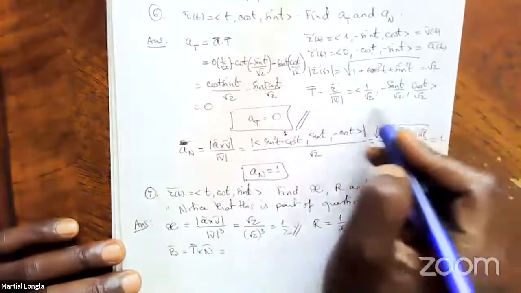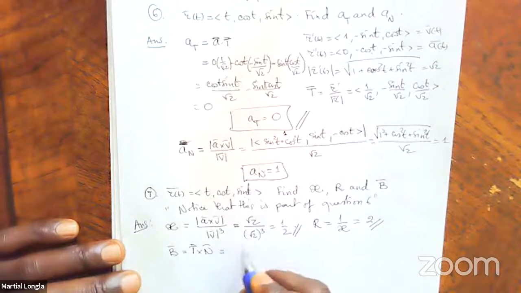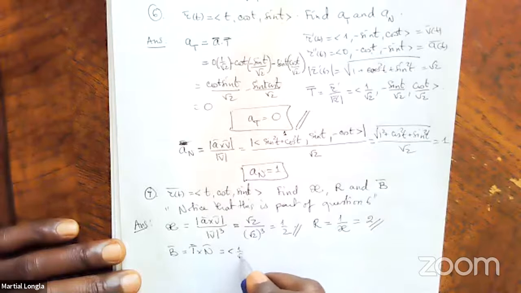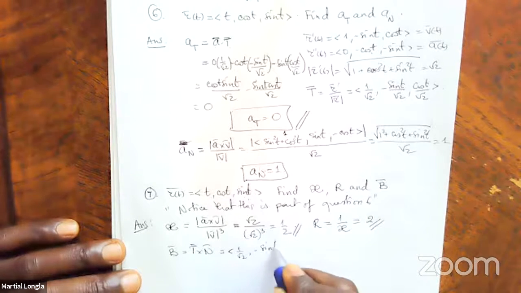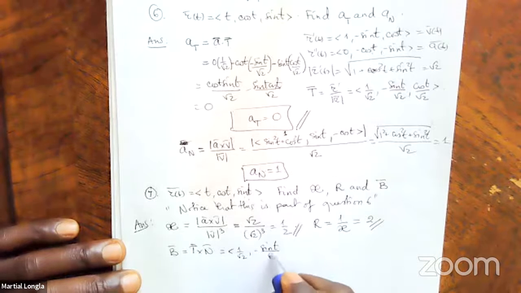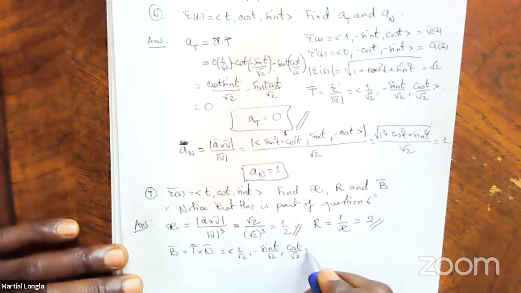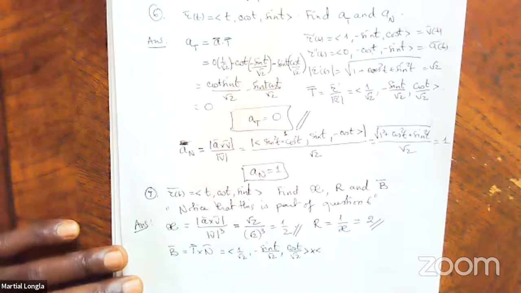What we are missing is N. So T is 1 over root 2, negative sine t over root 2, cosine t over root 2. And we want a cross product with N.